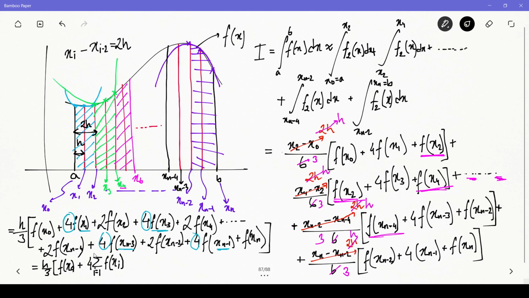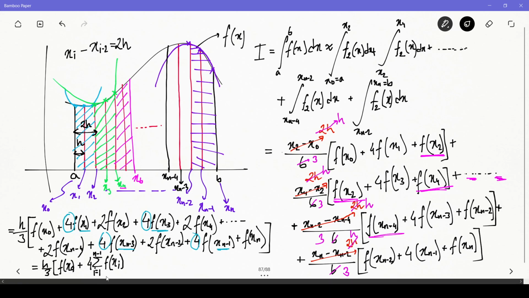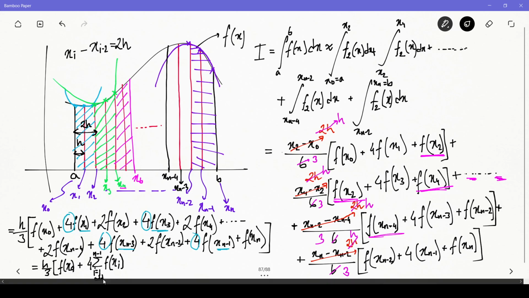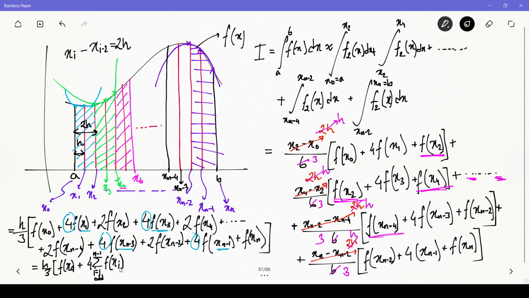Up to n minus 1, right? We see that in the second last term over here, up to n minus 1. So I'm running out of space here. If the value of i is odd, starting from 1 to n minus 1, we multiply the functional value of x sub i with 4.